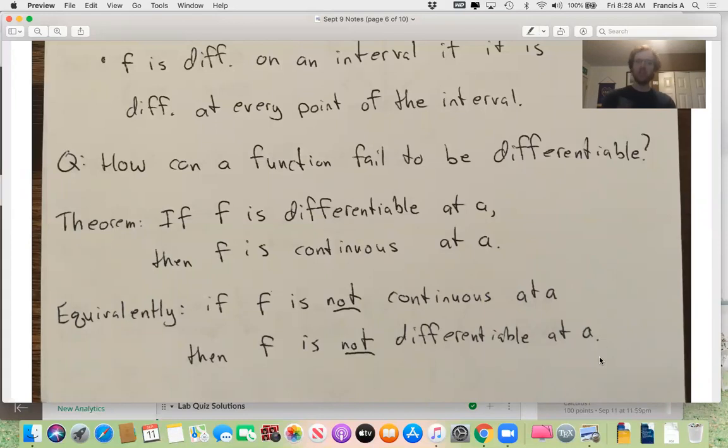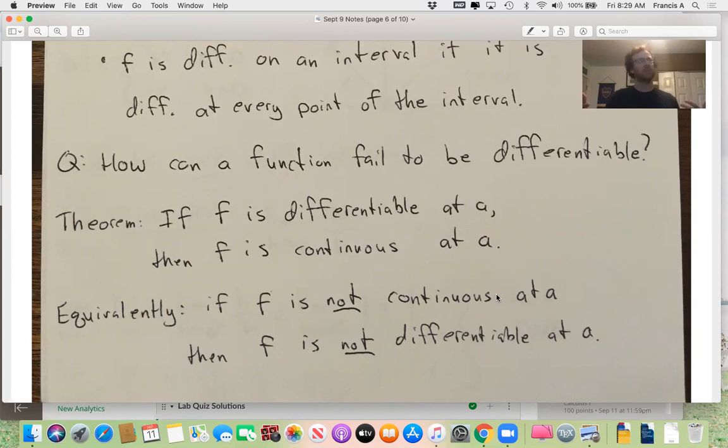And this version, I think, is easier to understand, because if you're not continuous, that means things like you have a jump, or there's a hole, or you have an asymptote. If you're not continuous, there's something wrong.